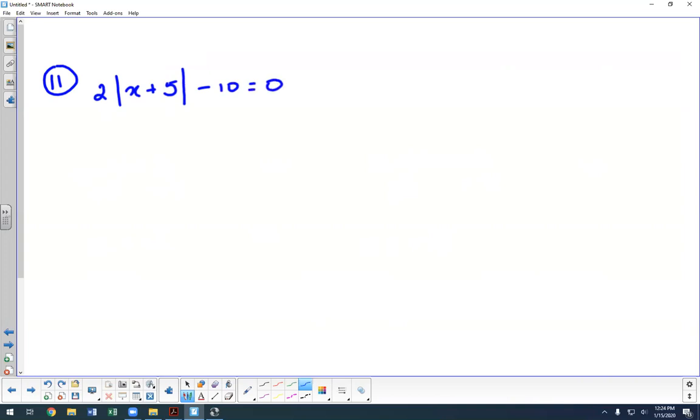Like I said, start by moving the 10 over. So since it's minus 10, we'll add 10 to both sides. So 0 plus 10 will of course become a 10.